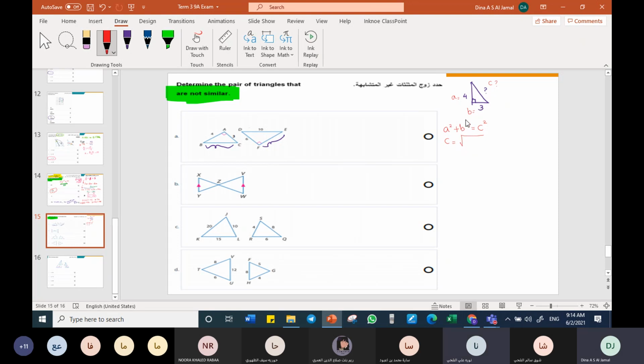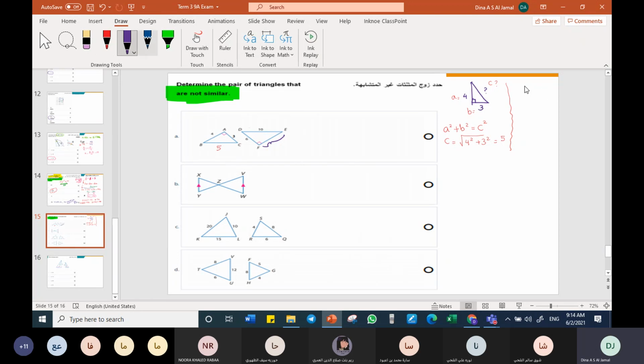So, it is the addition of these. 4 squared plus 3 squared, which will be 5. So let's have a look. Now let's put it in front of me. I'm having 5.